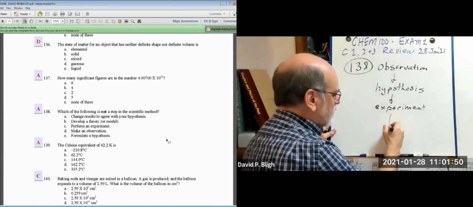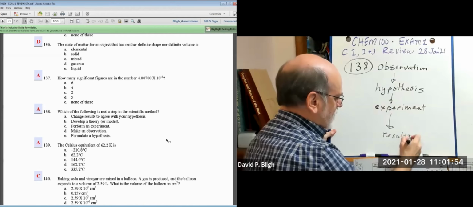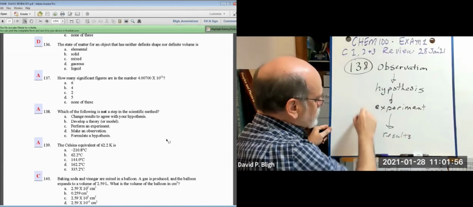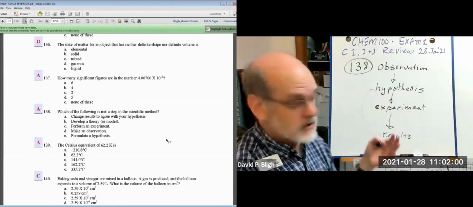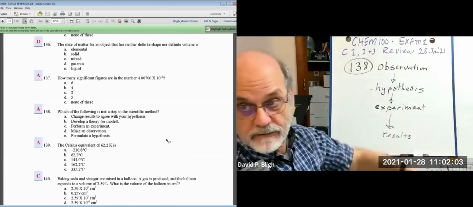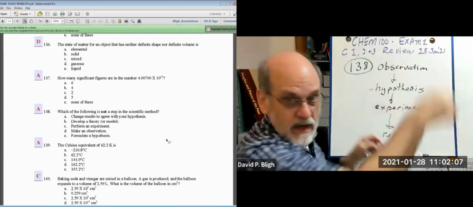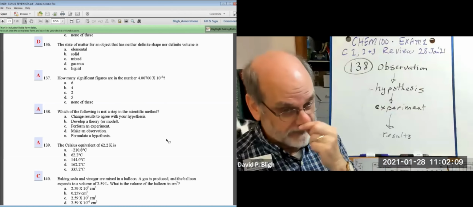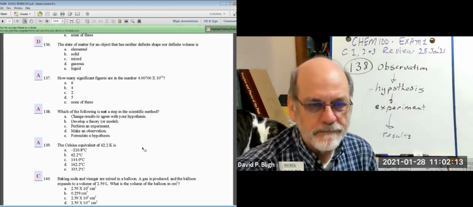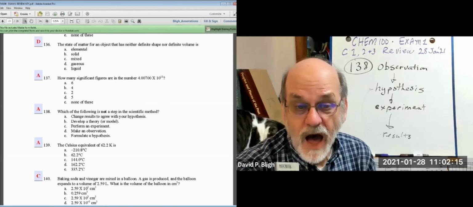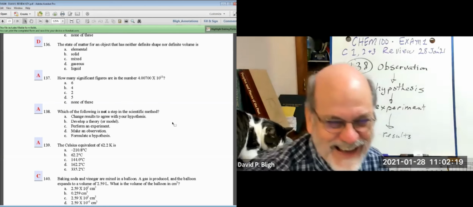And then you get some results. And then you see, do these results support your hypothesis, or do you need to change the hypothesis and try it again? In which case you go back, change your hypothesis, and keep going in that circle. So let's see, what do we have to choose from here? Which of the following is not a step? Change the results to agree with your hypothesis.